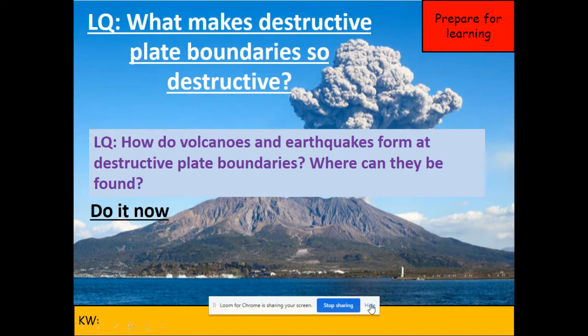So we are starting with hazards. Just revision, just going over plate boundaries, and then we will look at case studies. What we're going to be looking at today is constructive, destructive, and collision plate boundaries.